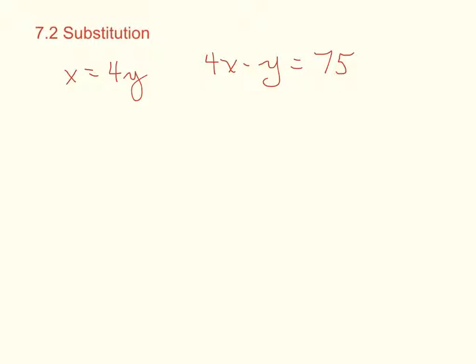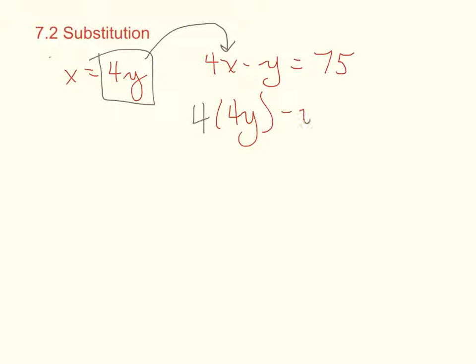And when we think about that, we would see that this would be a perfect one. If x is equal to 4y, then we could replace x in the second equation with 4y because x is the same as 4y. So when we make that substitution, we would have 4 times 4y minus y is equal to 75.